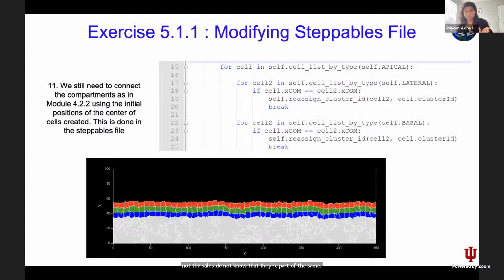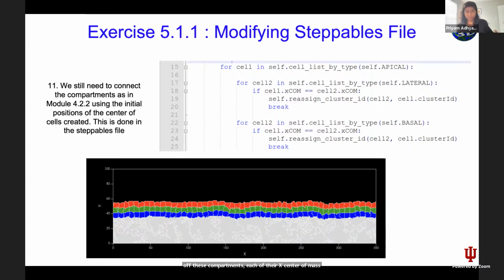So we have to organize them. The way that Julia did it was, he had the epithelial layer set. And before any Monte Carlo steps were undertaken, just with the initial base simulation, because each cell was created by stacking of these compartments, each of their X center of mass would have been the same.